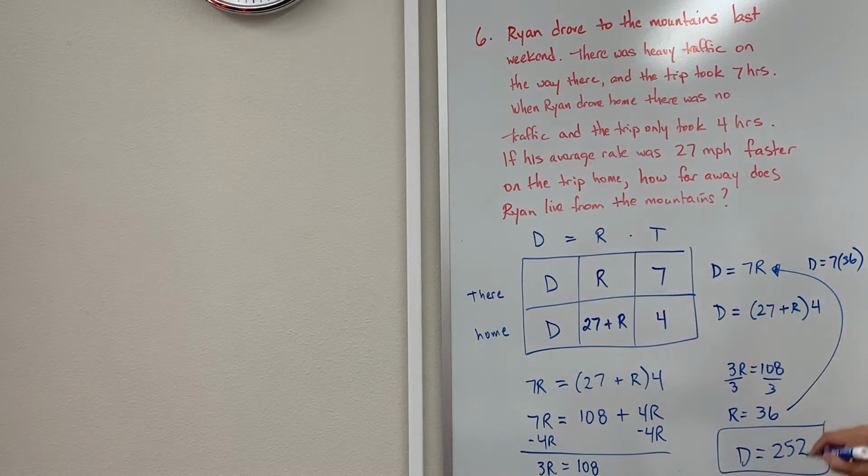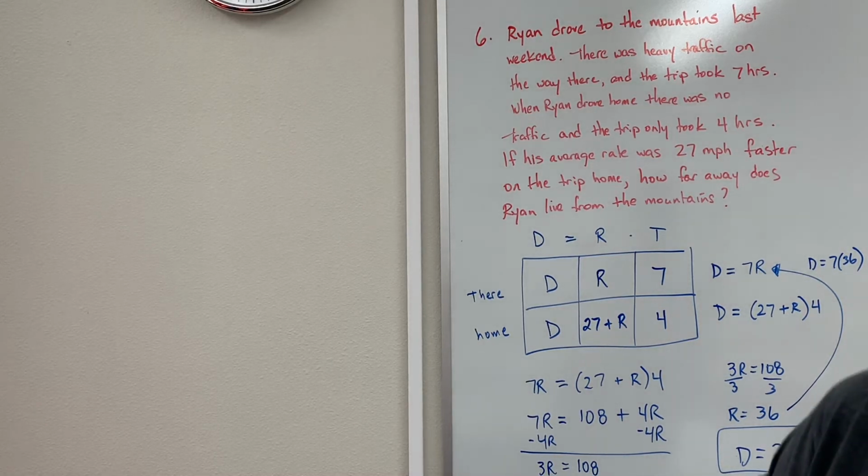And then that would be miles, but I don't think they asked you to do the miles. So 7 times 36 should be 252. I'll just double check. Yes, 252. And that's how you do that question.